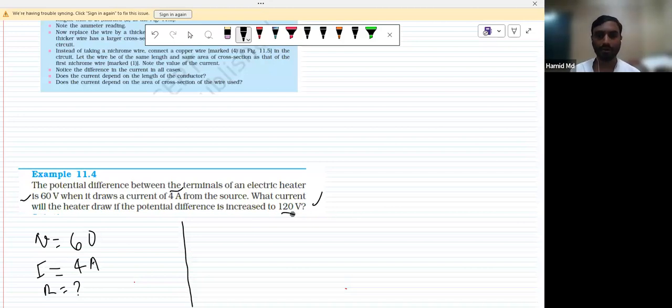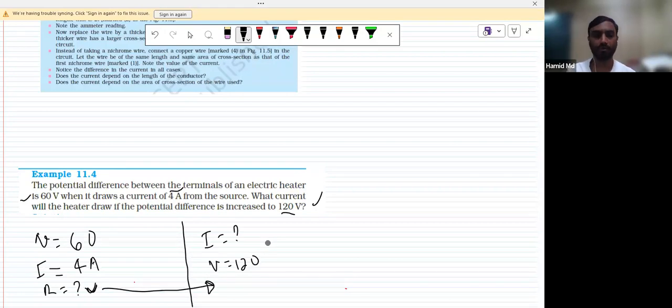In the second part, it asks what current the heater will draw if the potential difference is 120 volt. From here, we will get the resistance, and with this resistance we will calculate the problem. Okay? Do it.